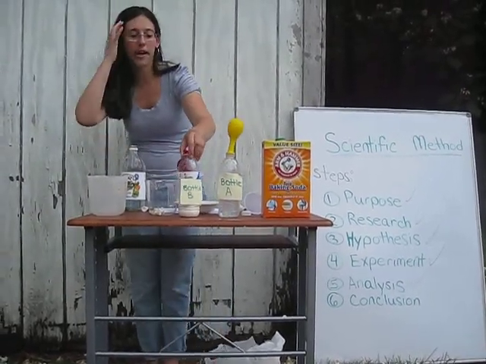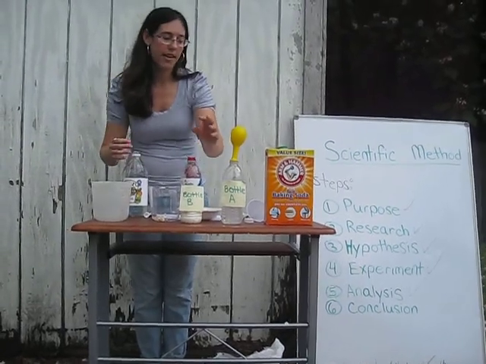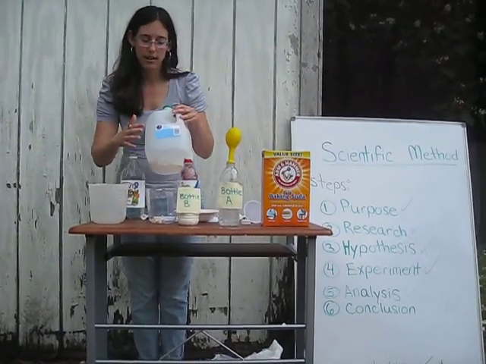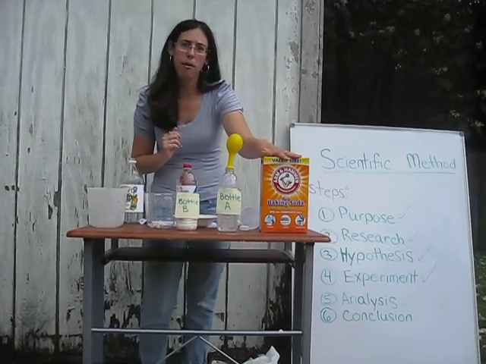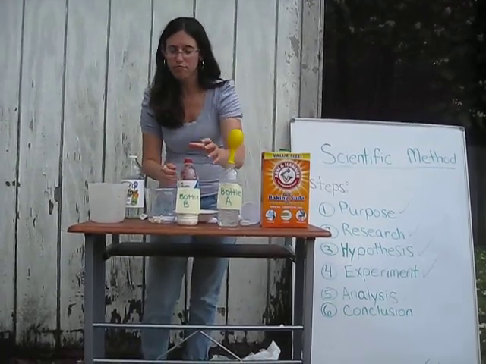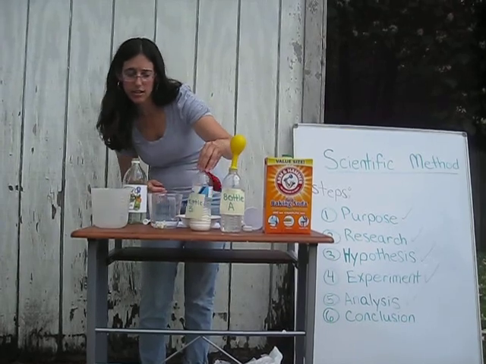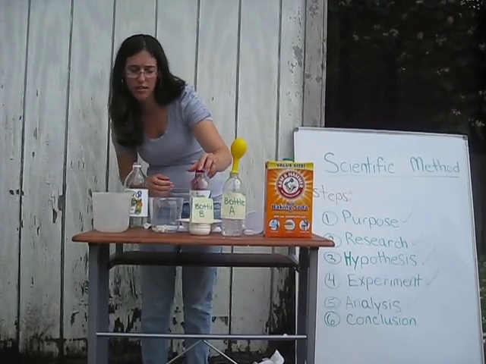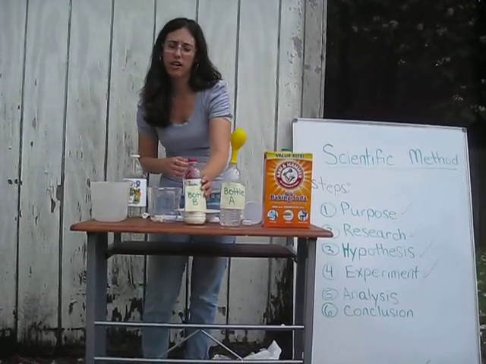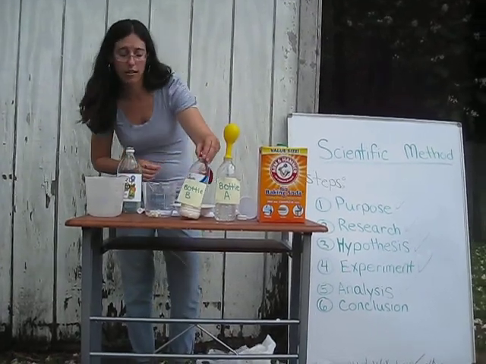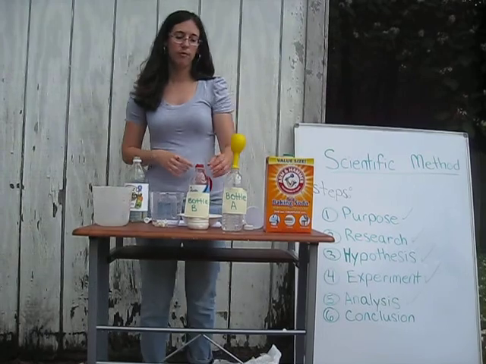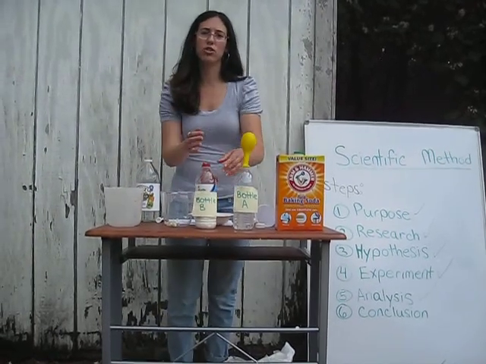For bottle B, I predicted that when you mix milk and baking soda together, there will not be a chemical reaction. And there was no fizzing, there was no bubbling, the balloon didn't go up. This shows me that there was no chemical reaction. So again, my conclusion was correct.